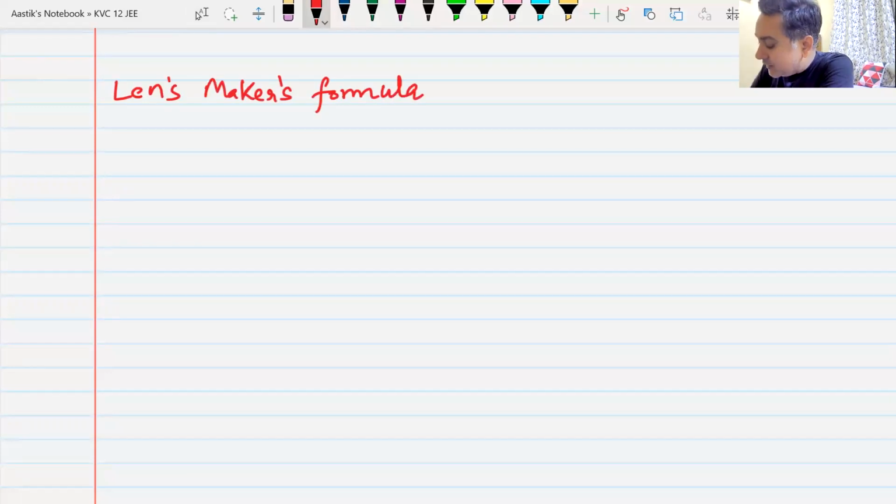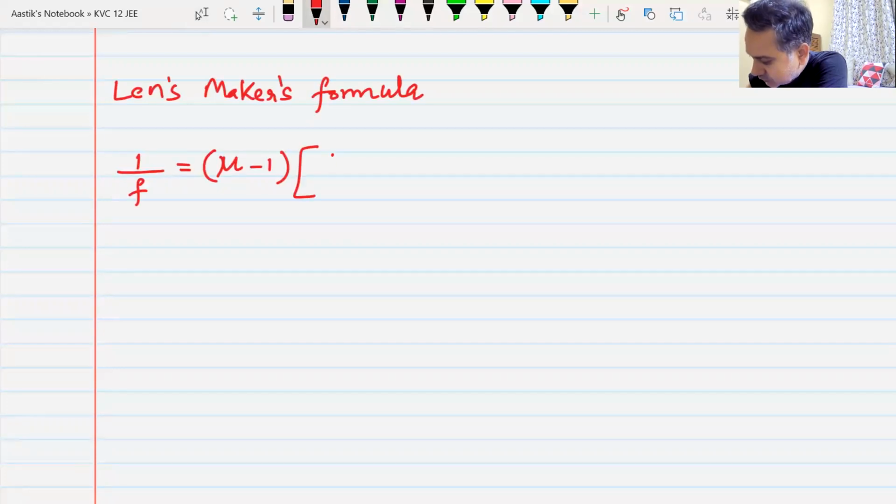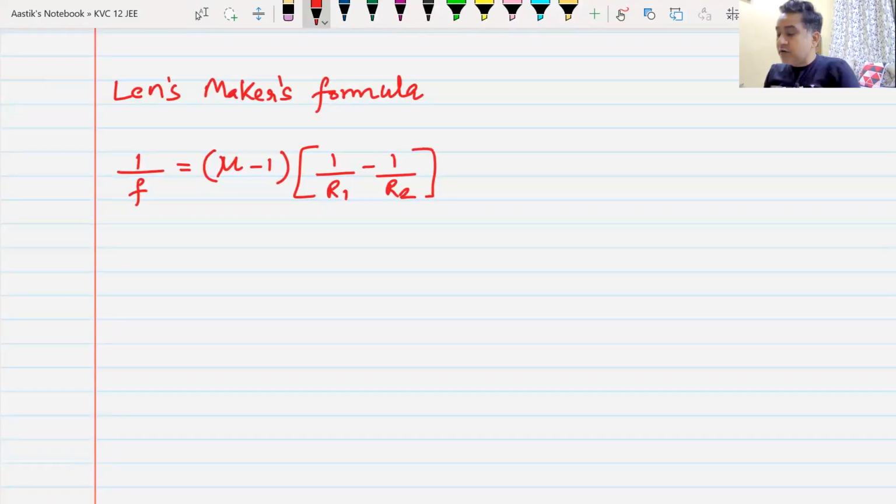Lens maker's formula, and the formula looks like this: 1 by F is equal to mu minus 1 into 1 by R1 minus 1 by R2. This is what we call the lens maker's formula.